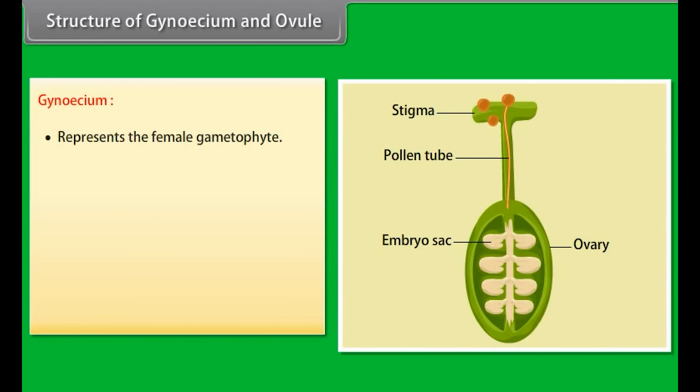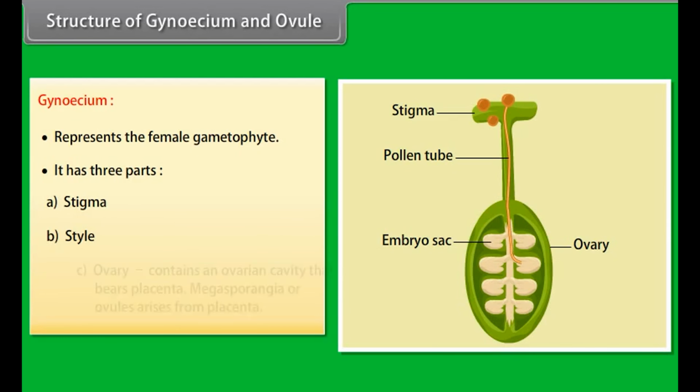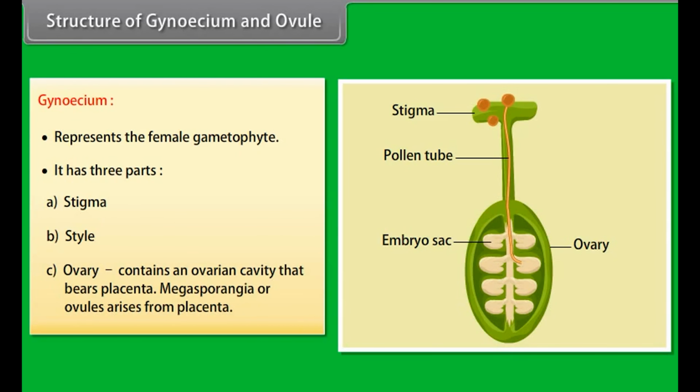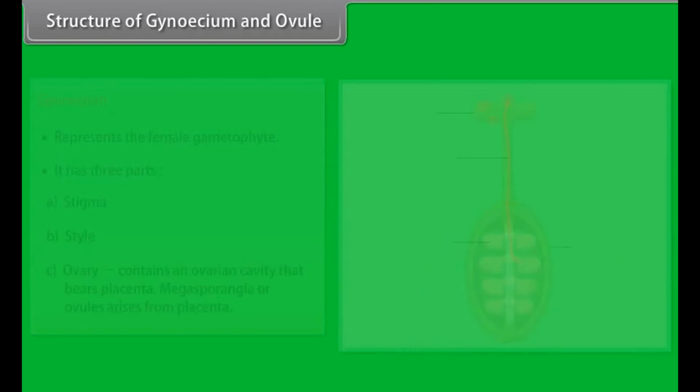Structure of gynoecium and ovule. Gynoecium represents the female part and has three parts: stigma, style, ovary. It contains an ovarian cavity that bears placenta. Megasporangia or ovules arise from placenta.